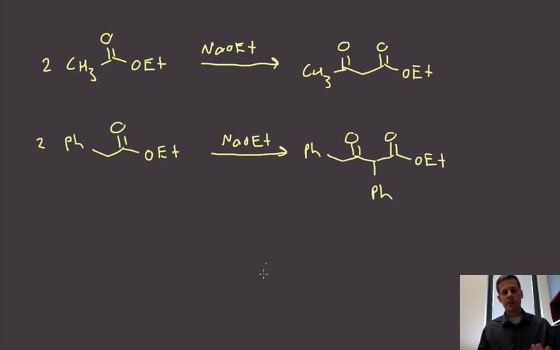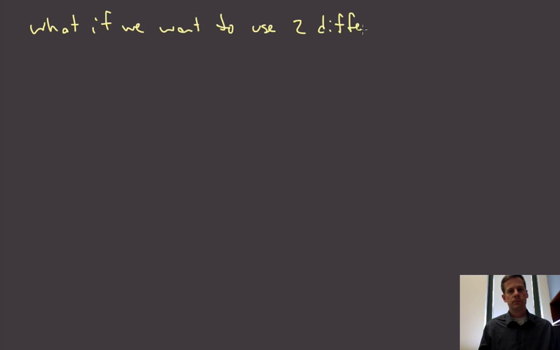All right, so again, we're talking about just dimerizing the same ester. What would happen if we wanted two different esters? Okay, we talked about this issue with the aldol reaction, and the same thing goes for the Claisen condensation. Right? What if we want two different partners? Okay, so what are we going to do?